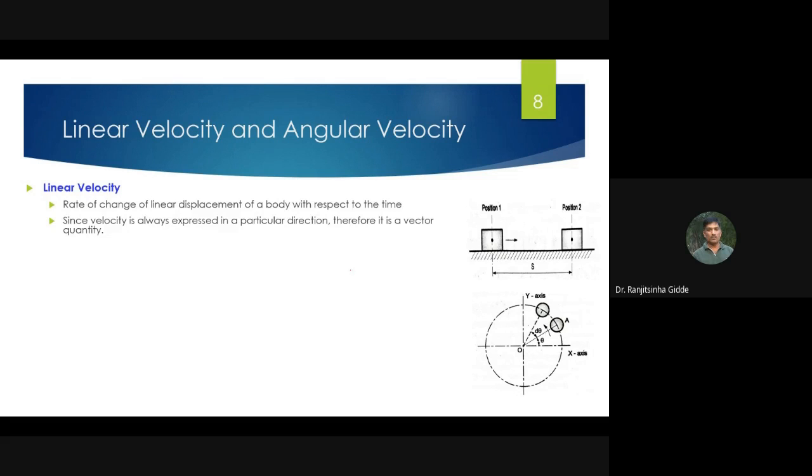Next, it is also a vector quantity. Write down, since velocity is always expressed in a particular direction, therefore it is a vector quantity.